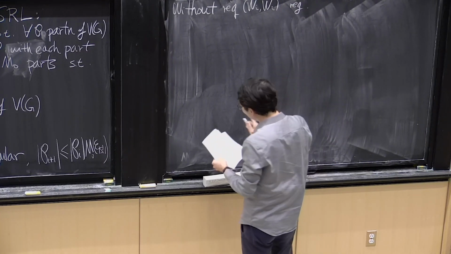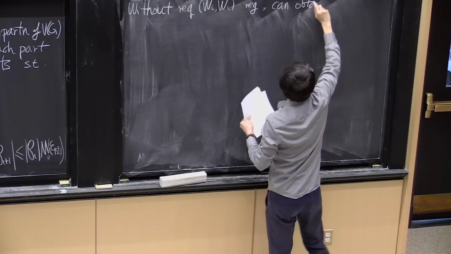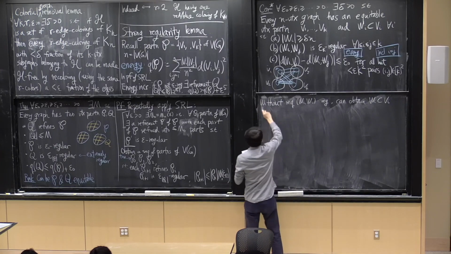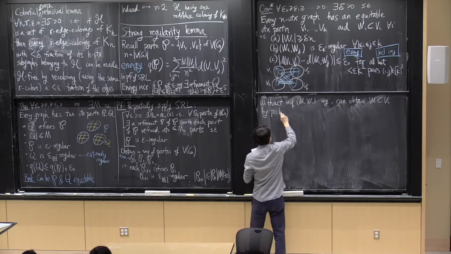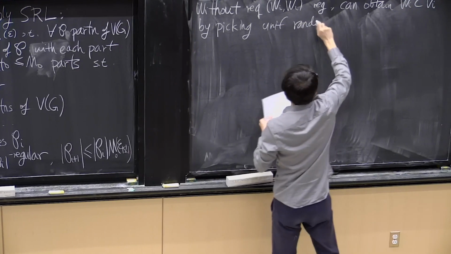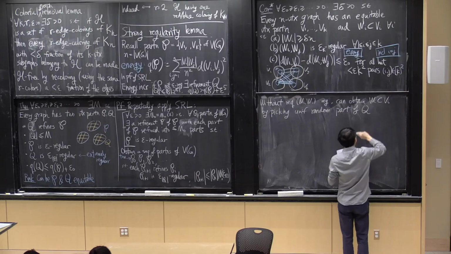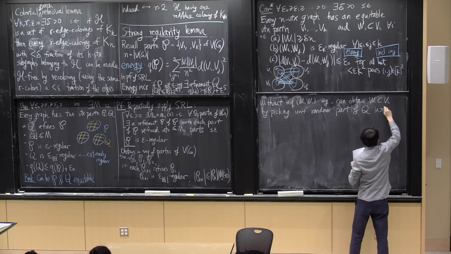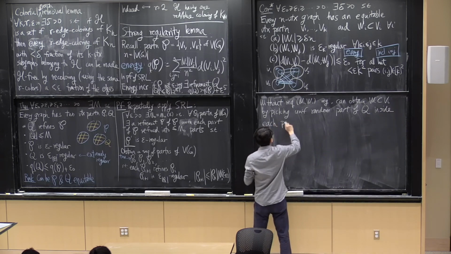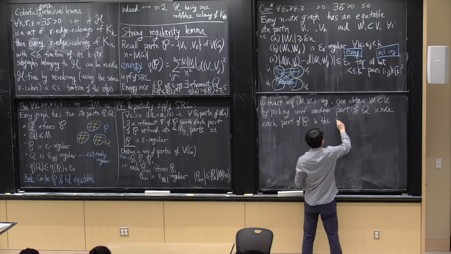Without requiring this, we can obtain the W_i's by picking a uniform random part of the finer partition Q inside each part of P in the strong regularity lemma.